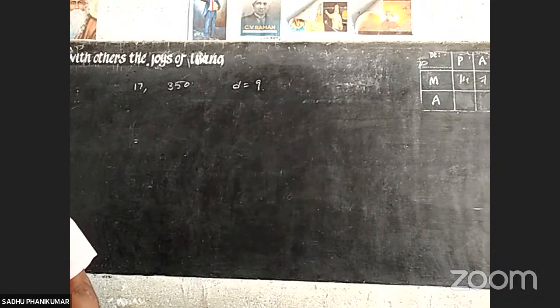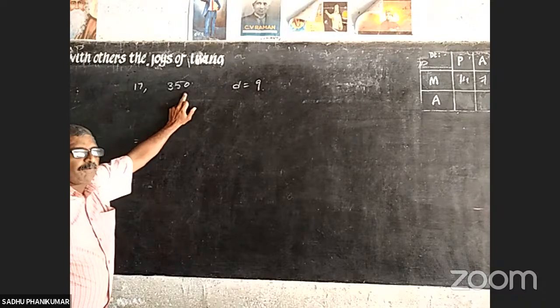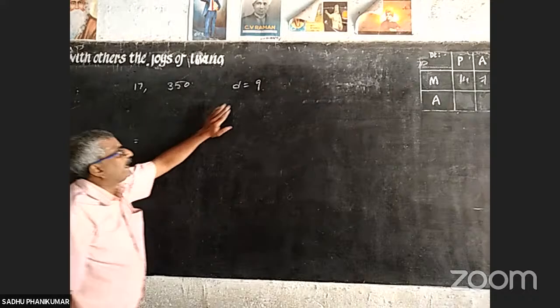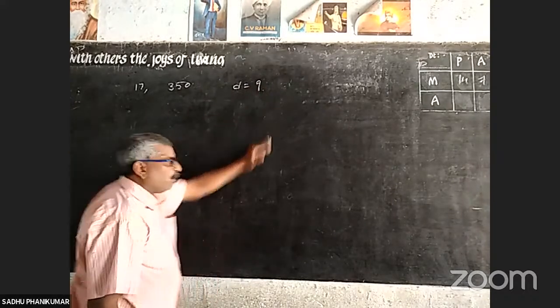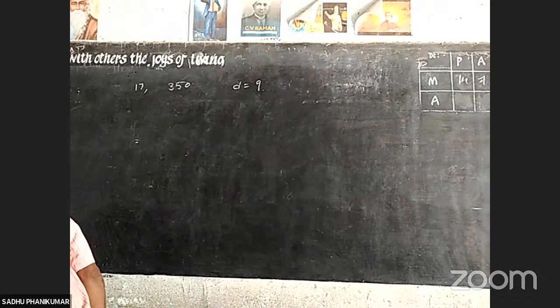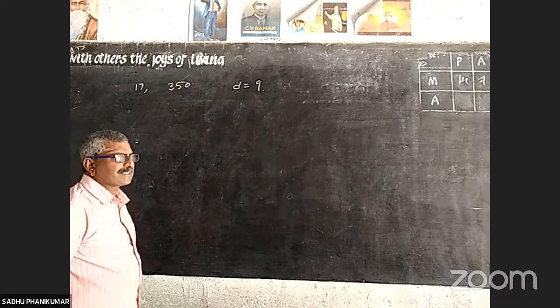What is given is the first and the last term of AP are 17 and 350. First term is 17 and the last term is 350. These are with us. Now what you have to find is how many terms are there and what is the sum. The total sum we have to find.